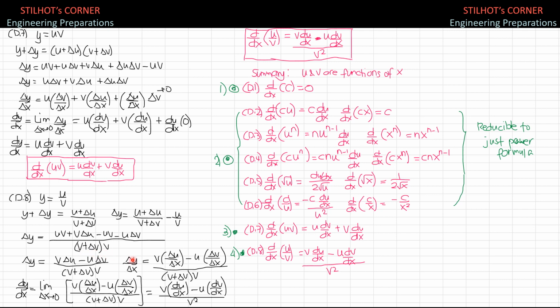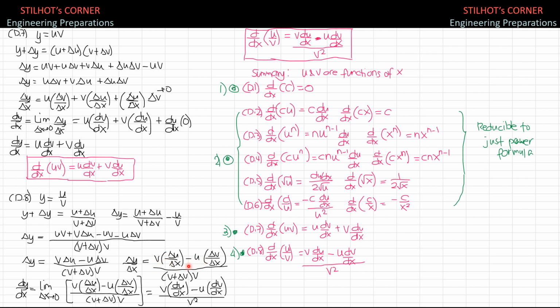Then divide everything by delta x. So delta y over delta x equals (v delta u over delta x minus u times delta v over delta x) all over the LCD, v times (v plus delta v). So the limit dy/dx is the limit of delta y over delta x as delta x approaches 0.